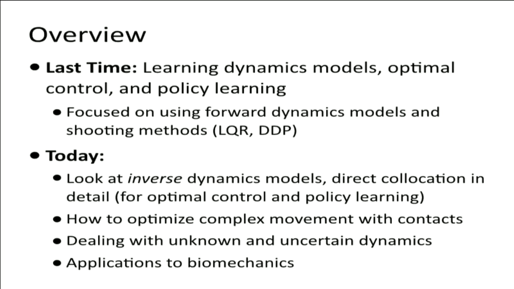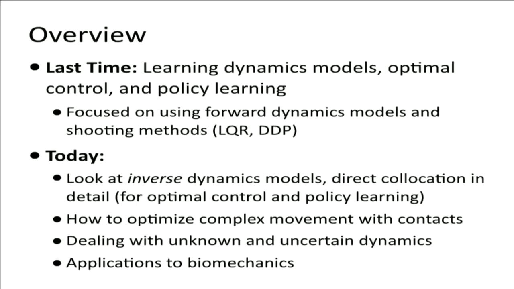From the first couple of weeks before, we talked about learning dynamics models, how you can do optimal control with learned or known dynamics models, and how you can learn policies in that case, say, by imitating optimal controllers.